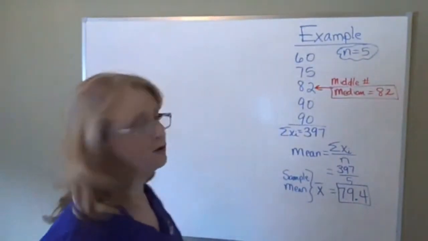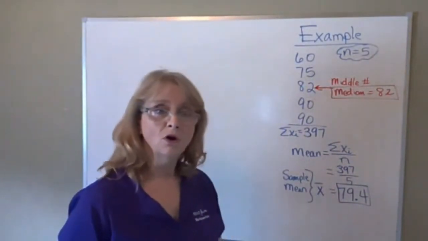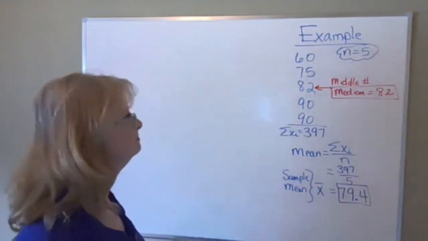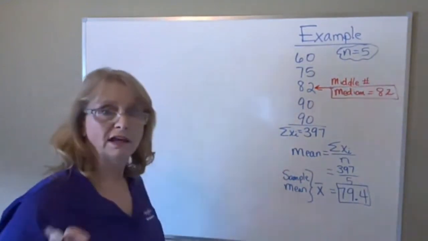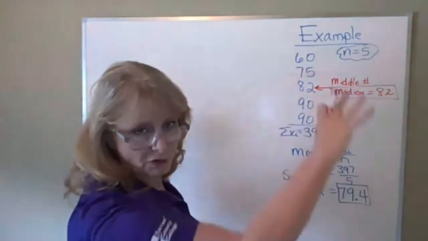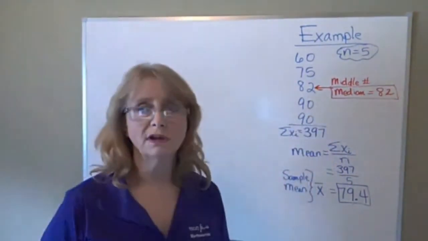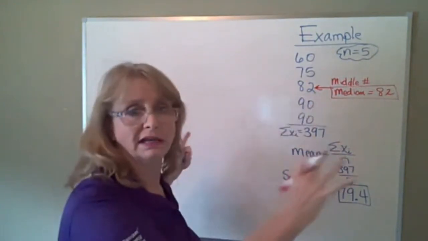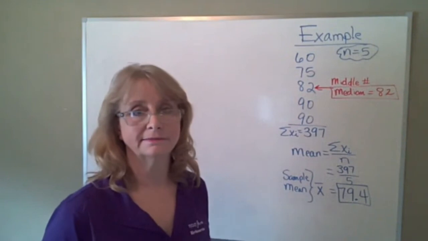Every data set is going to have either a middle number, or if it has 2 in the middle, you're going to average them. And by the way, if any of you are having trouble making the board be the full screen, if you watch the recording later, on the recording, it will be full screen. It does that automatically. Okay.